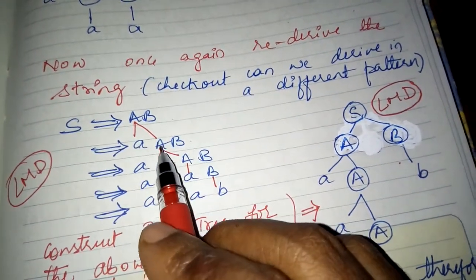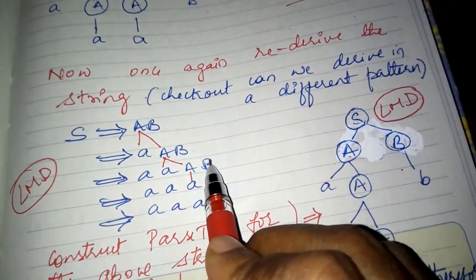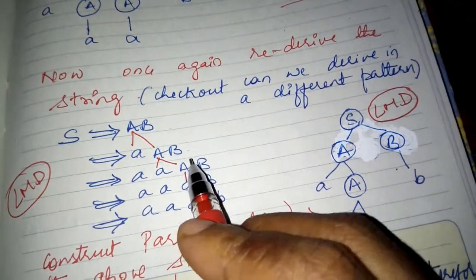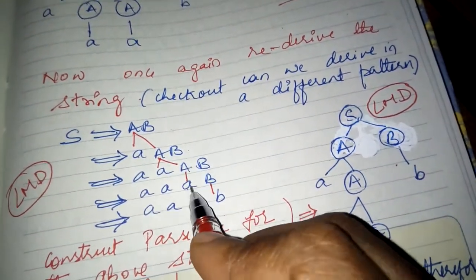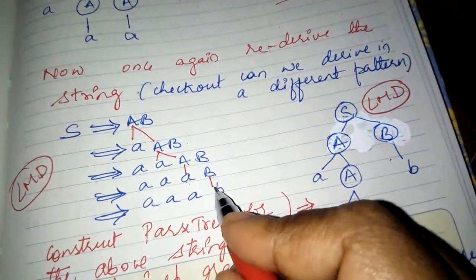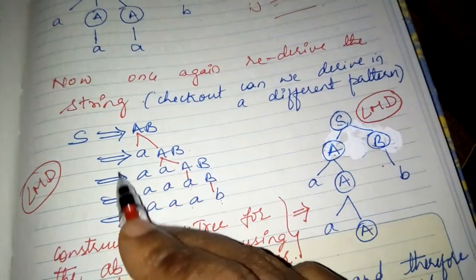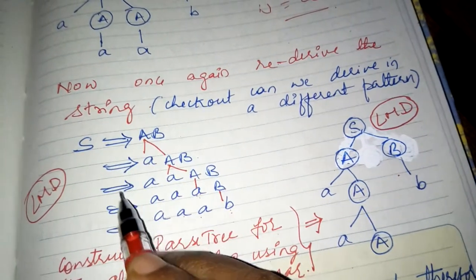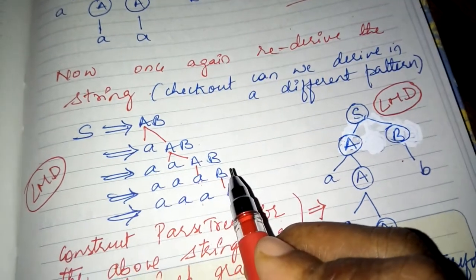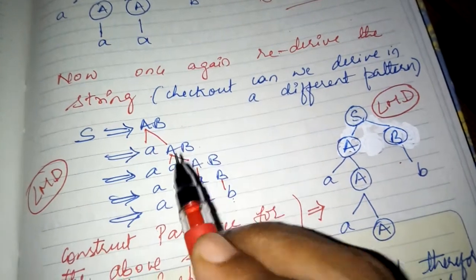And again this will derive the same thing, A derives AA, keep the B as it is. Now again a terminal symbol is derived in the grammar, so the variable derives a terminal symbol, keep this as it is. Now last I will take the variable and derive it to the terminal symbol, that is aaab. This is the second way of rederiving the string using the leftmost derivation only. So two times I have done leftmost derivation for the given grammar for the string.